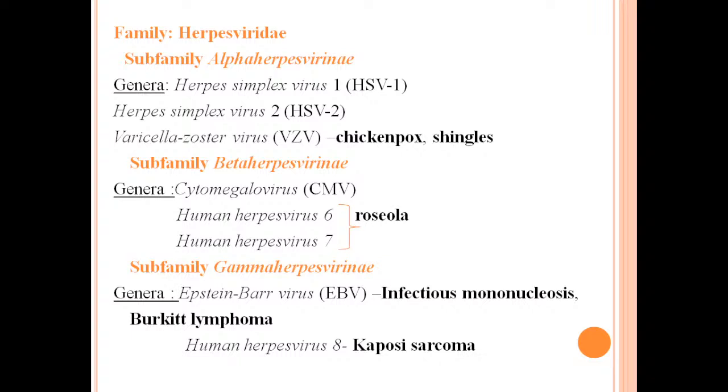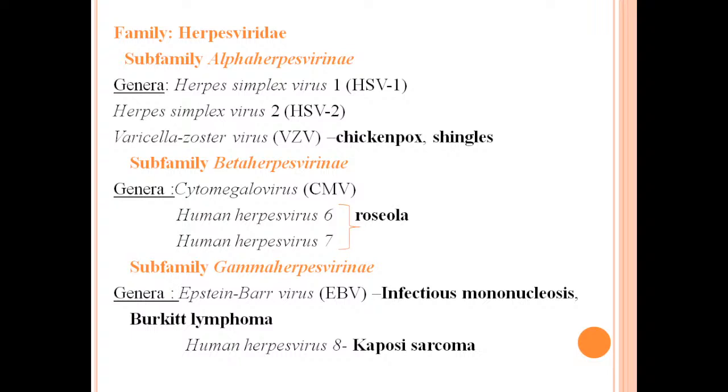Varicella Zoster virus causes chickenpox disease and shingles. Herpes simplex virus 1 is so-called oral herpes. Herpes simplex virus 2 is genital herpes. I will explain it in pathogenesis.